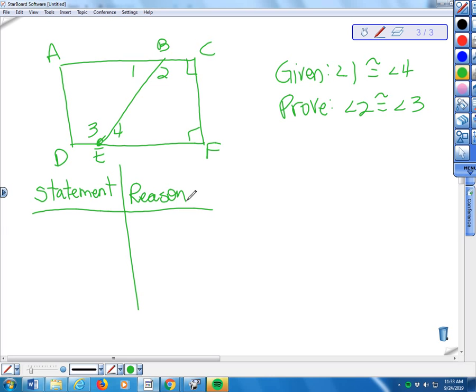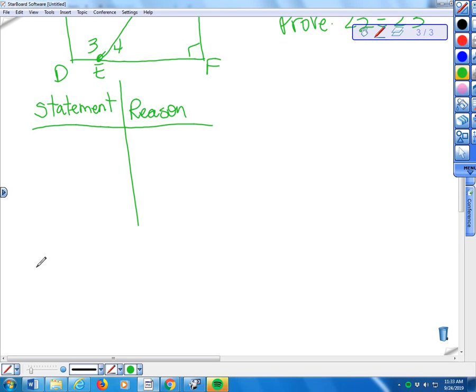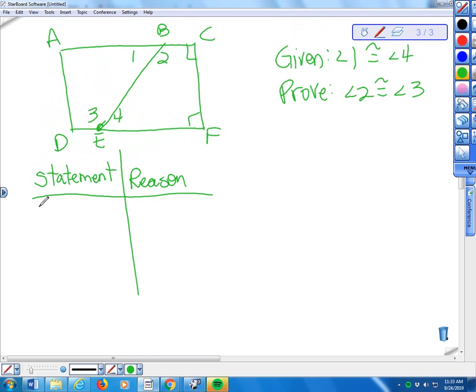May I use the restroom? Yes. Am I getting somewhere? You're getting somewhere. If it's a straight line right here. If you want to scroll down. Oh wait, I forgot, we don't write that down.